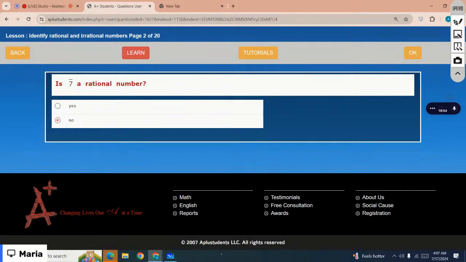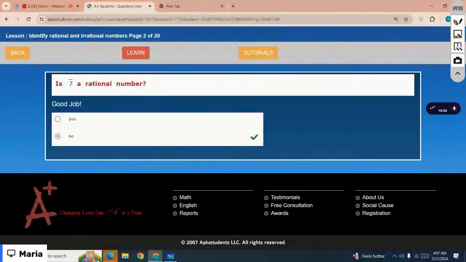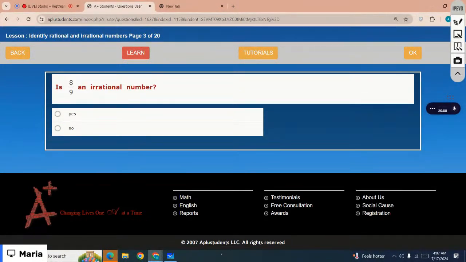Next, is 8 by 9 an irrational number? No, that is not an irrational number. That is a rational number. So the correct option is no.